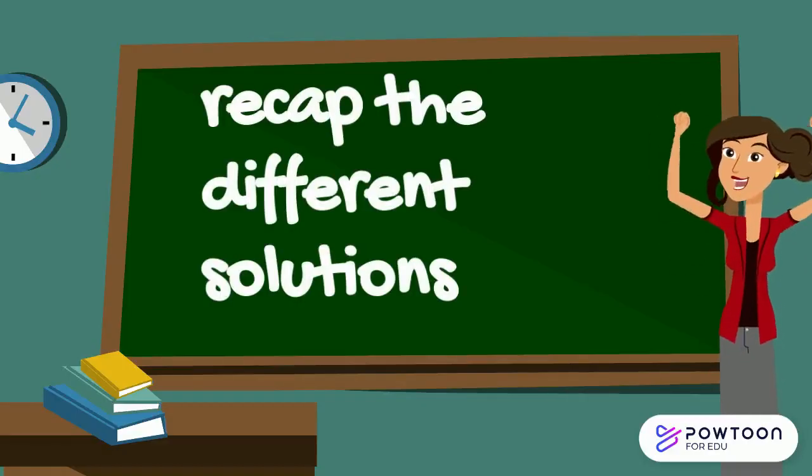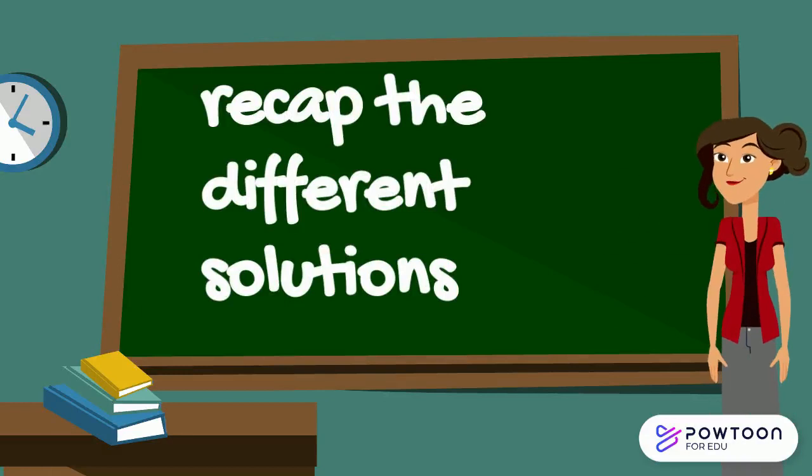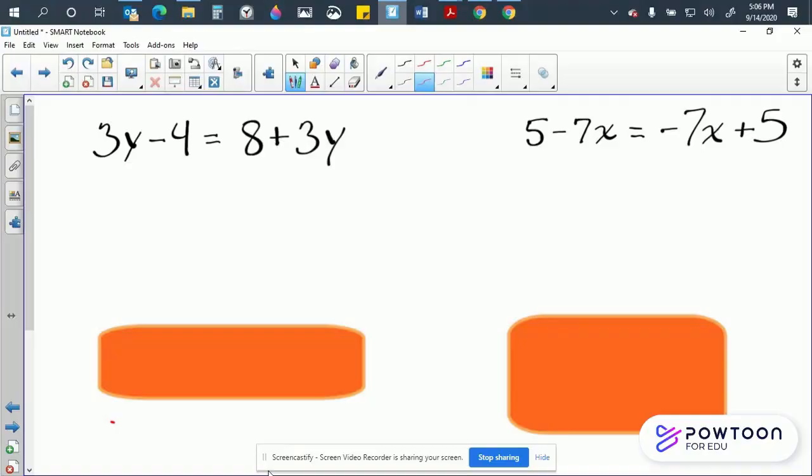So as a reminder, if the variable cancels out while we're solving the equation, if the leftover equation is true, there are infinite solutions. If the leftover equation is false, there is no solution. So once again, in this case, when we subtract 3y from both sides, the equation that we're left with, negative 4 equals 8, is false.